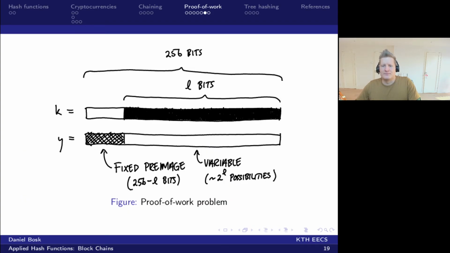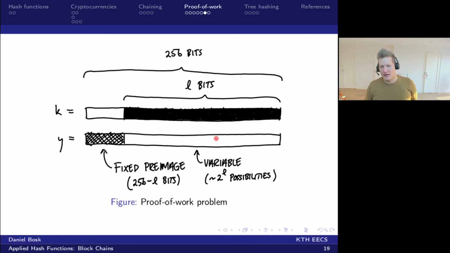So the idea here is that we have the proof of work problem, which is this, and then we have k, which is a value. So an L-bit value, we assume it's L bits long, so it's less than 2 to the power of L. So that makes it this long.